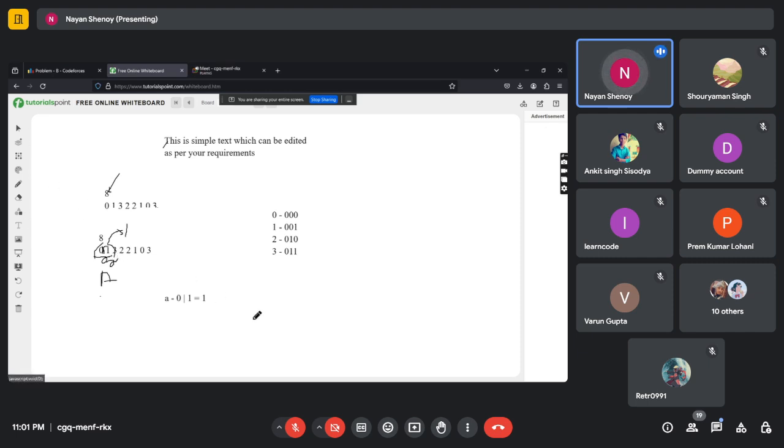The OR of these two elements will be what? Let's take the second subarray as B, and B is basically 1 or 3. So what will that be? That should be equal to 1, 1, which is 3. So the constraint that was given, that every subarray should have equal OR, is also broken here. So our size cannot be 2. Now let's check for size 3, okay?